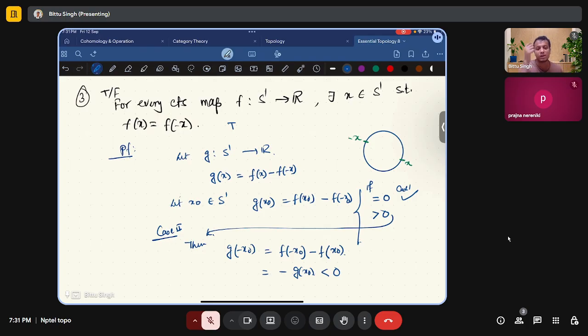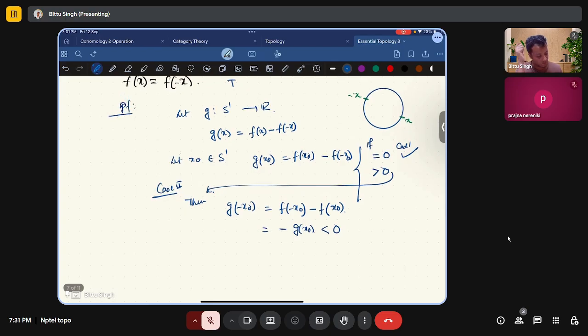But what is the intermediate value property? So IVP says there exists some y belongs to S1 such that, since 0 belongs to this interval between -g(x0) and g(x0).